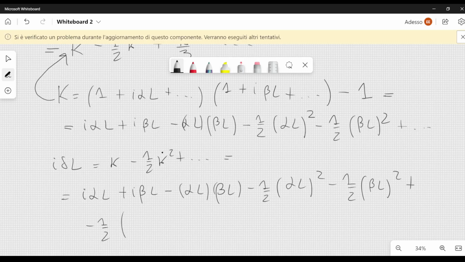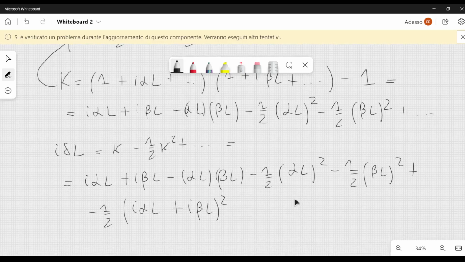And in k squared, I'm just going to consider these two terms because all the others will give higher order terms. So we'll truncate everything to the second power here. I have I alpha L plus I beta L, squared.